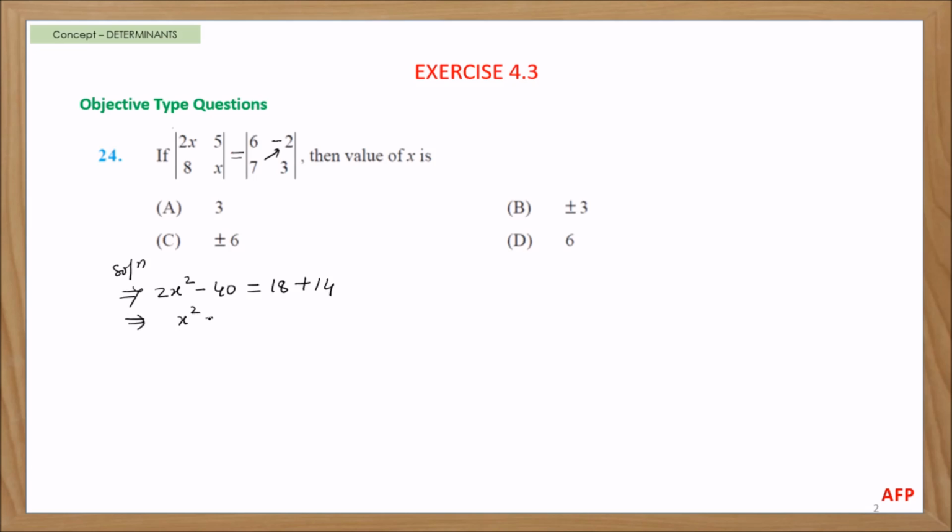So x square is equal to 32 plus 40 divided by 2, which is nothing but 72 by 2, which is nothing but 36. This implies x is equal to square root of 36, plus or minus 6 we are getting as the answer. The C option is the correct one.